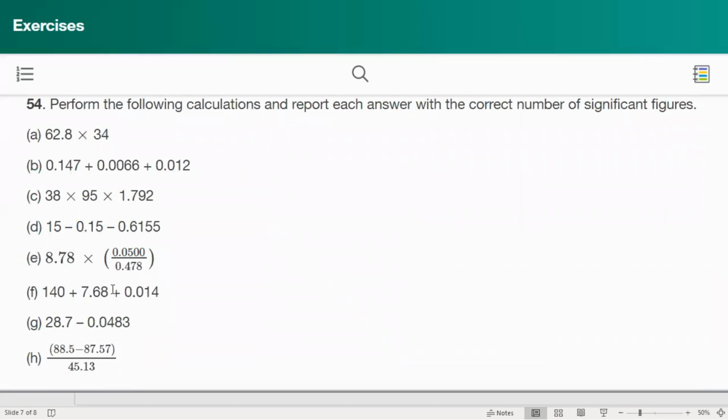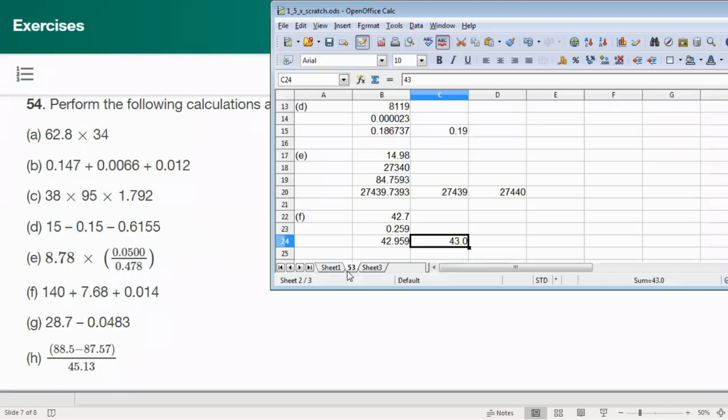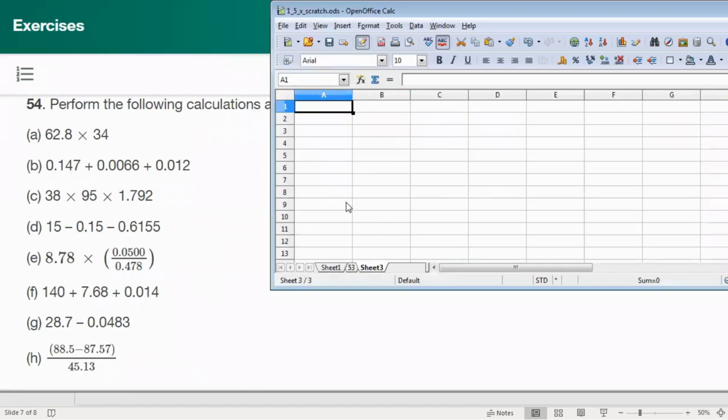Perform the following calculations with the correct number of significant figures. And again, we'll just use the calculator here. So this will be 62.8, 34. This one will want two significant figures, so that should be 2100. That's my answer.